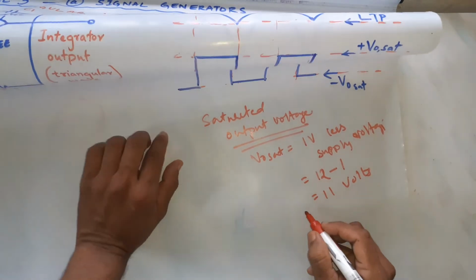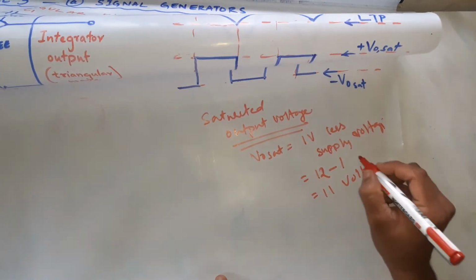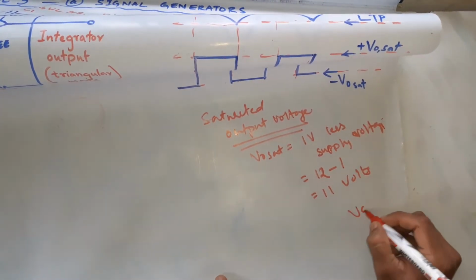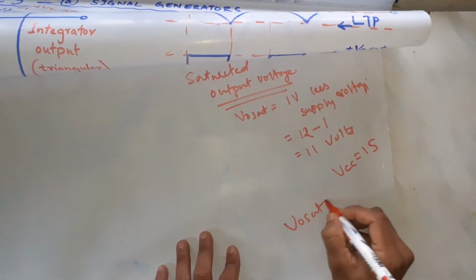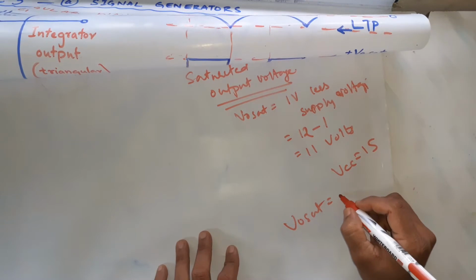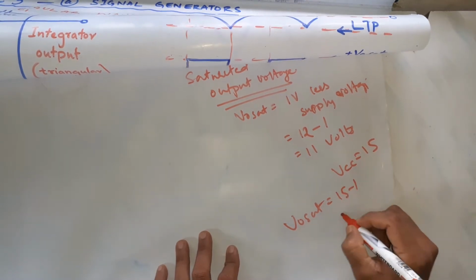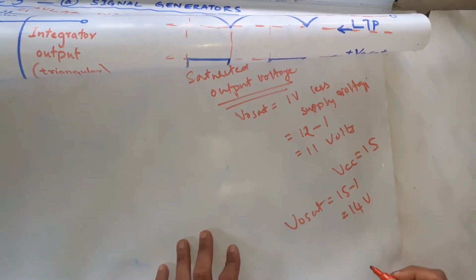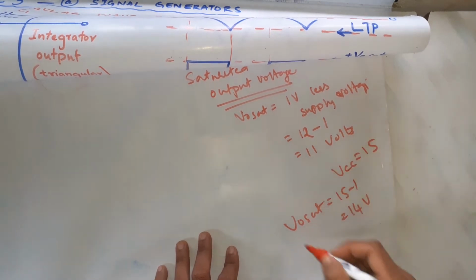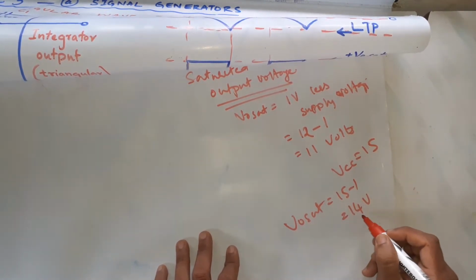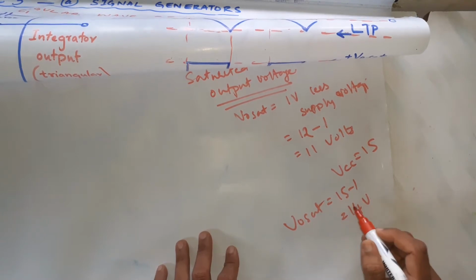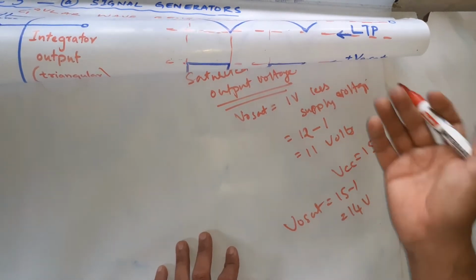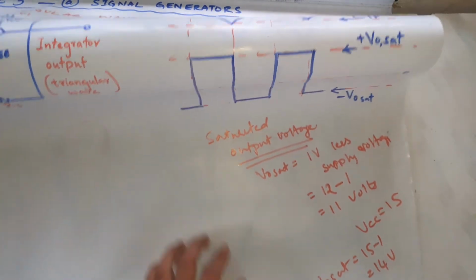If VCC is equal to 15 volt, then V0 SAT is going to be 15 minus 1, that is 14 volts. This is an approximation, it may be 14.23 also, but we consider it to be at least 1 volt less than the supply voltage, whatever it may be.